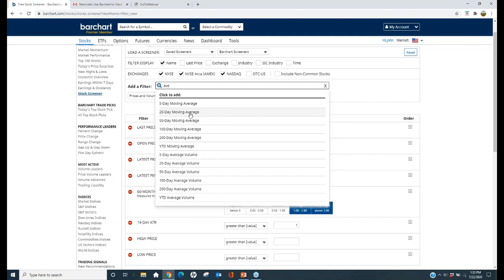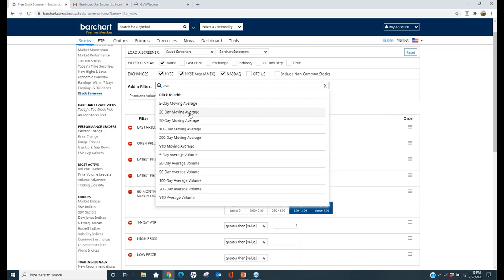Now, again, as you become more experienced, you might allow yourself to trade stocks that have lower volumes. But somebody who is just starting to trade, you probably want to start looking at stocks that have an average daily volume of maybe 1 million, 2 million, maybe even as much as 5 million shares a day. But we're going to cast a much wider field.